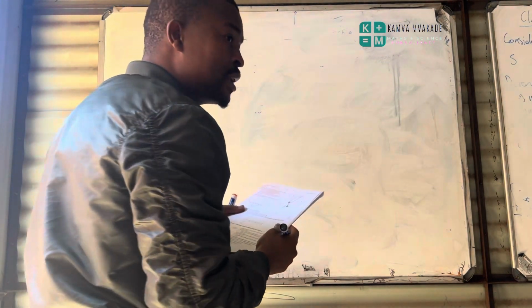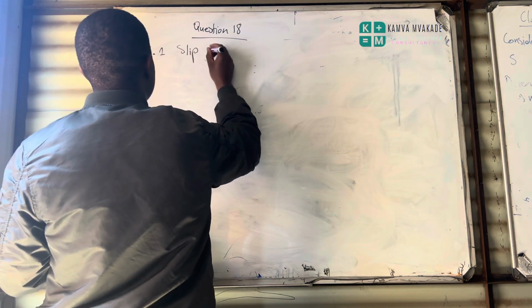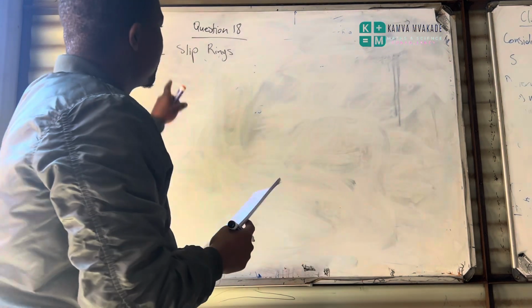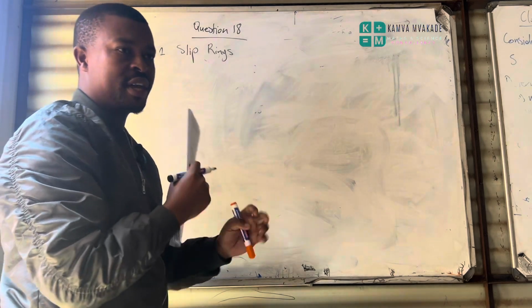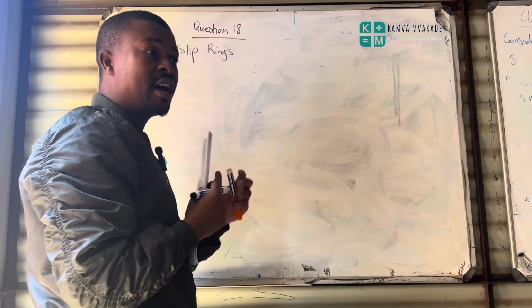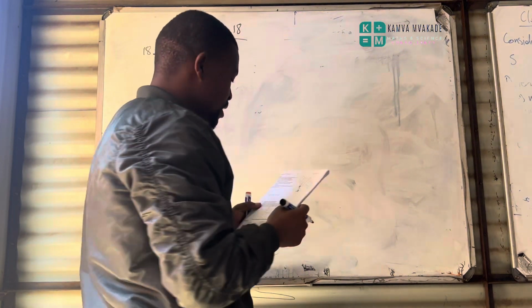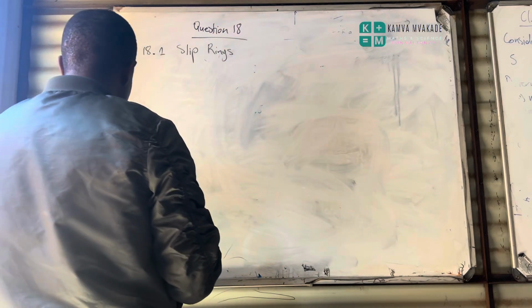Which component is that one? That will be slip rings. We know that the AC generator has slip rings, and on a DC generator it is a split ring, half here. And that is one mark.